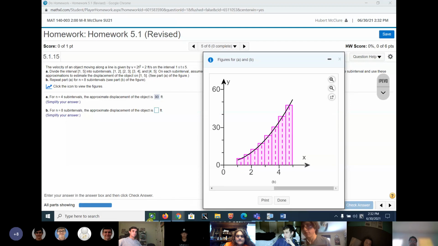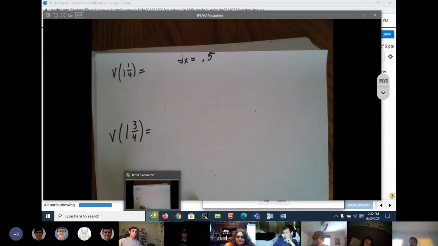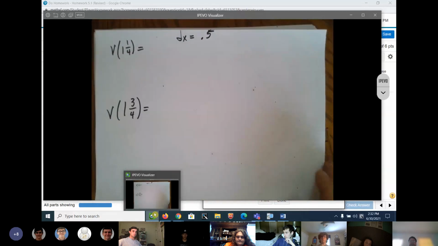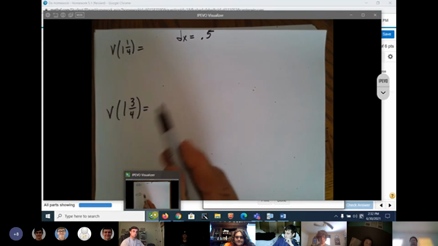So here's what we got. I'm going to do the first 2 rectangles for you. Now this technically is not a test question. I picked this question because I want you thinking in terms of area under the curve. And in 5.2, they do the same thing, except you don't do it with algebra.